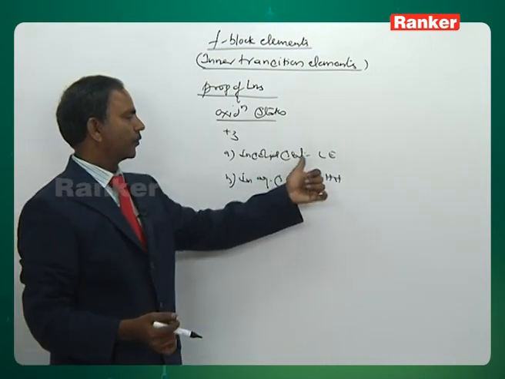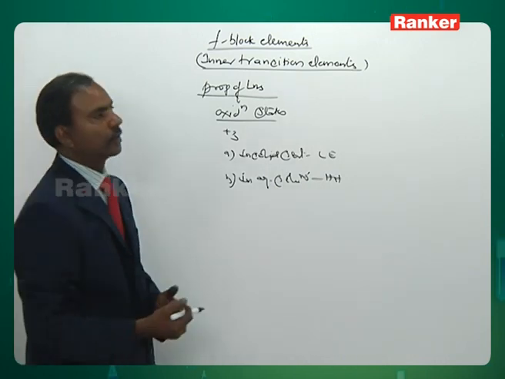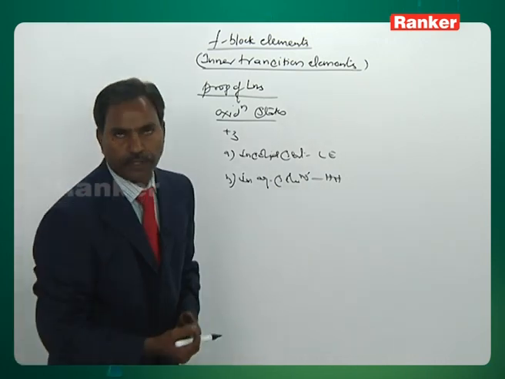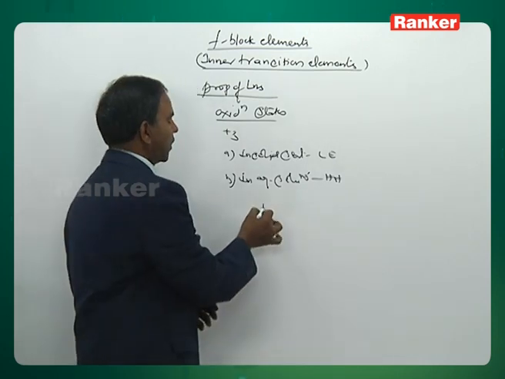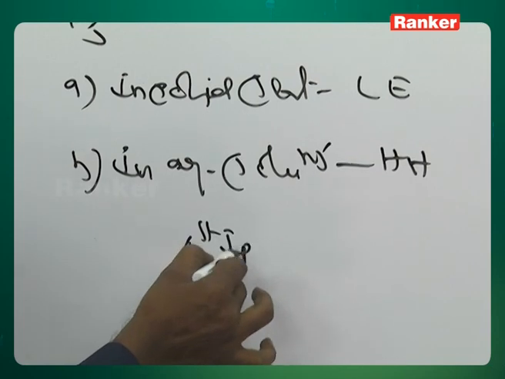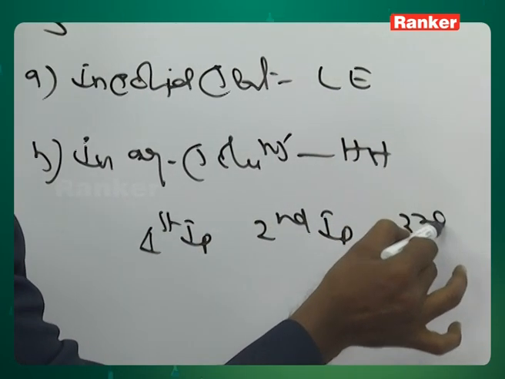These two are much more compensating the first three IP values. That means the first IP, the second IP, and the third IP.